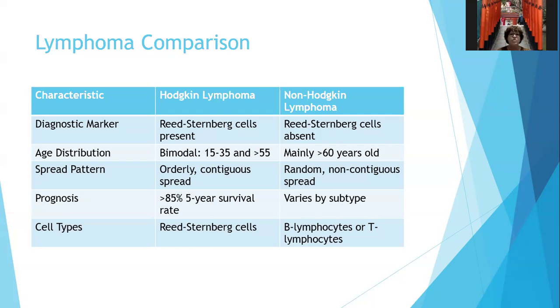The prognosis for Hodgkin lymphoma is about 85% 5-year survival rate, which is pretty good. And non-Hodgkin, it varies by subtype. So the cell types that are characteristic of Hodgkin lymphoma are the Reed-Sternberg cells, and in non-Hodgkin lymphoma, it's damaged B lymphocytes or T lymphocytes. So you don't have those Reed-Sternberg cells.